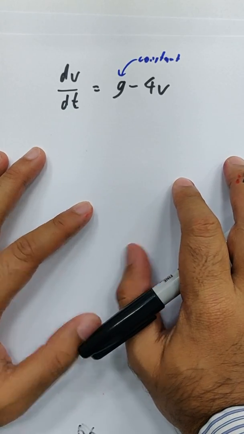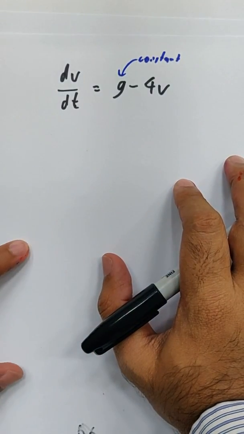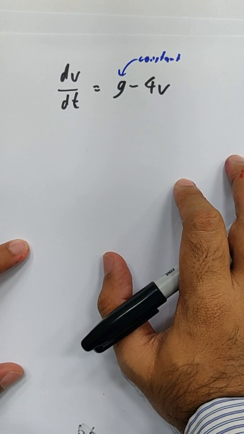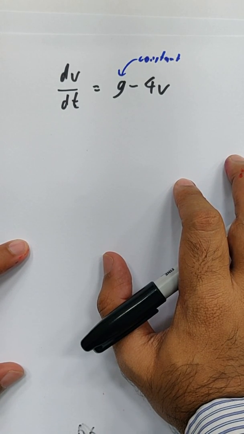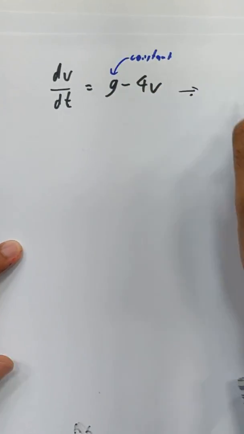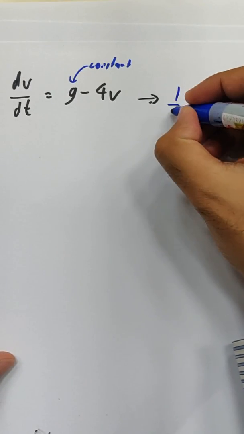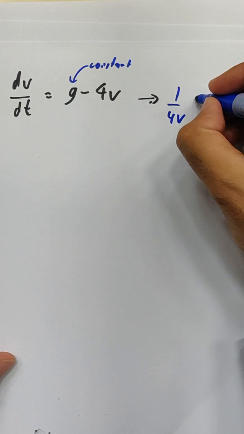My first instinct when I see this question is, can I split this? Can I separate it? Can I do it this way? Sorry, I'm losing my voice. I see these answers quite often.